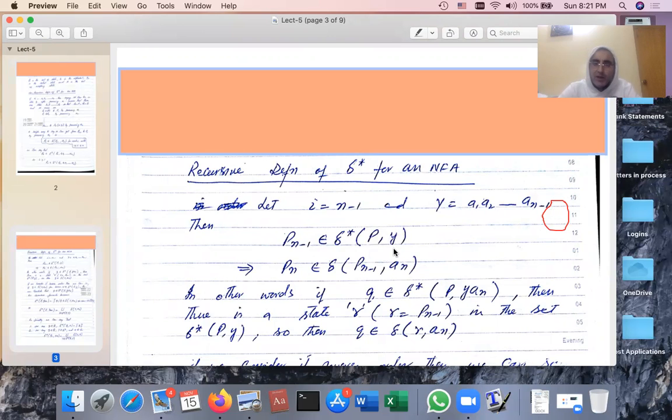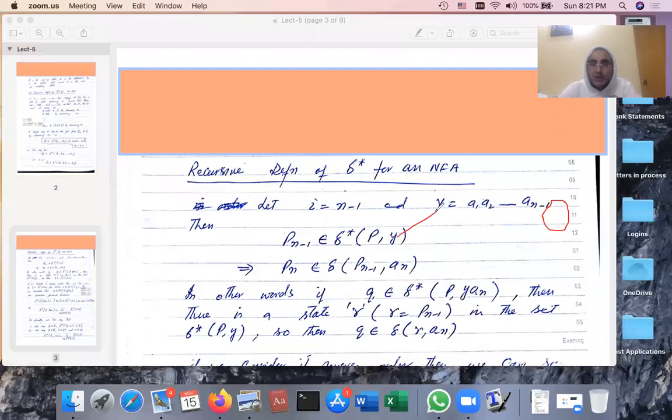Here I have written y not in capital letters but in small letters, but I am mentioning the same string. The same string. So at P0 or P, after processing this string, I can reach Pn minus 1.